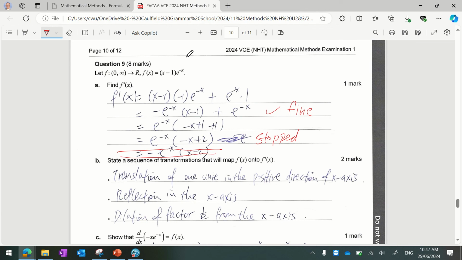You should factorize f dash because f is factorized. And then if both are factorized, it makes it much easier to spot the transformations between them because they look alike. If one is factorized, one is expanded, it's very difficult to see the similarities and differences between the two functions. So that's the first thing.